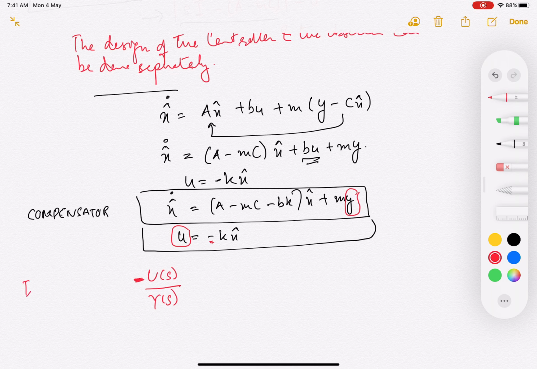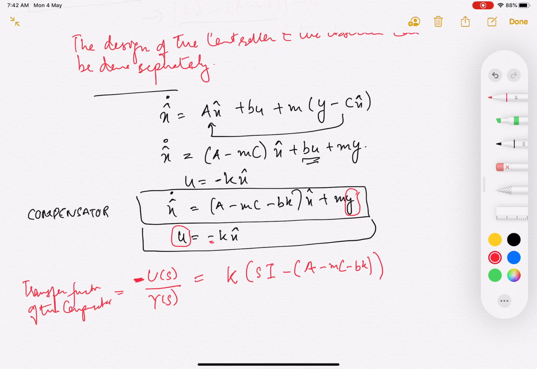So this is the transfer function of the compensator, which is the observer-based controller. It is equal to, now the transfer function would be C(sI minus A)^-1 B, which in this case is K (sI minus A minus MC minus BK)^-1 M. So this is the transfer function of the compensator.